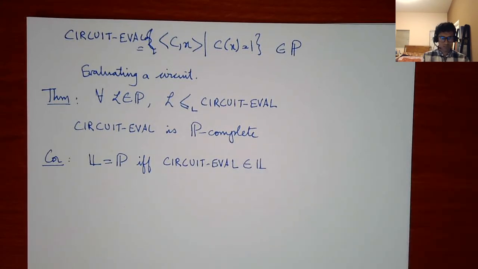So this is nice, right? This is exactly what NP completeness gave us, that you can now focus on one problem when you're trying to understand P versus NP. And over here, if you're trying to understand L versus P, it suffices to look at one problem, and that is the circuit eval problem.